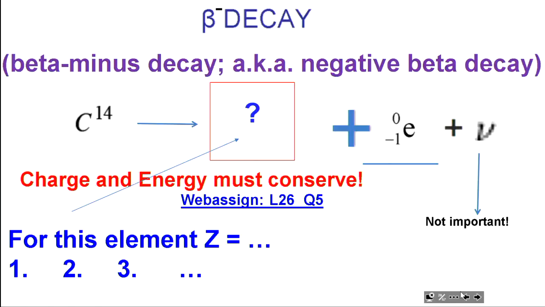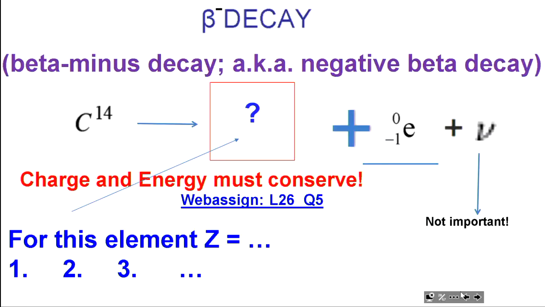It practically has no mass. We just ignore the presence of it. It exists, but it's not important for any reaction. It doesn't affect the reaction. So what element should be here? What number should be chosen from the periodic table for this element? That's the question.